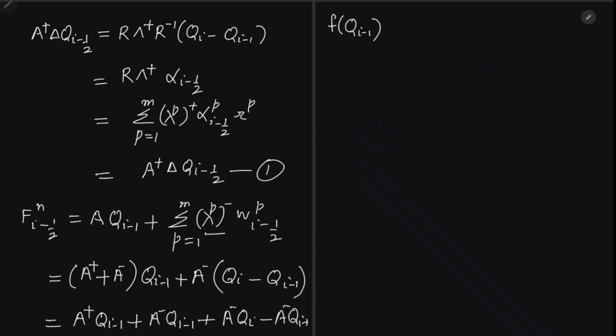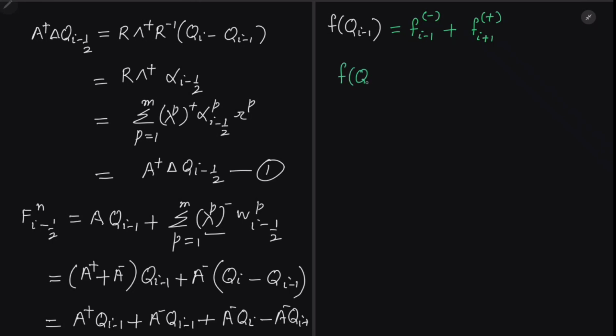So we can write F(Q_{i-1}) is equal to the flux at i minus 1 due to the negative wave plus the flux at i plus 1, the wave due to the positive one from the right side.